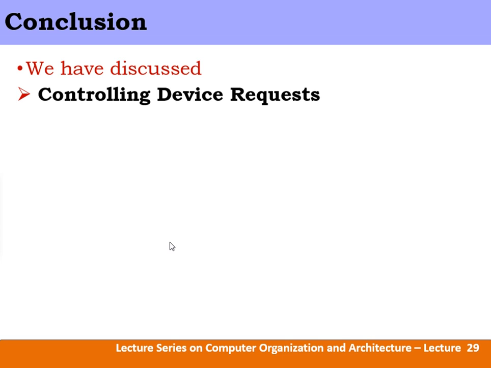So it is required to control those IO devices generating an interrupt request. Therefore we have a mechanism wherein we can allow the devices to generate an interrupt request or not. So we will be concentrating on an enable bit.